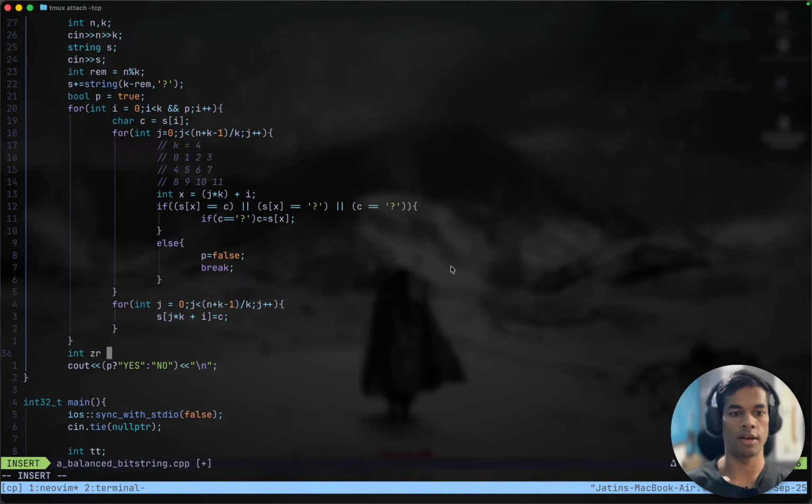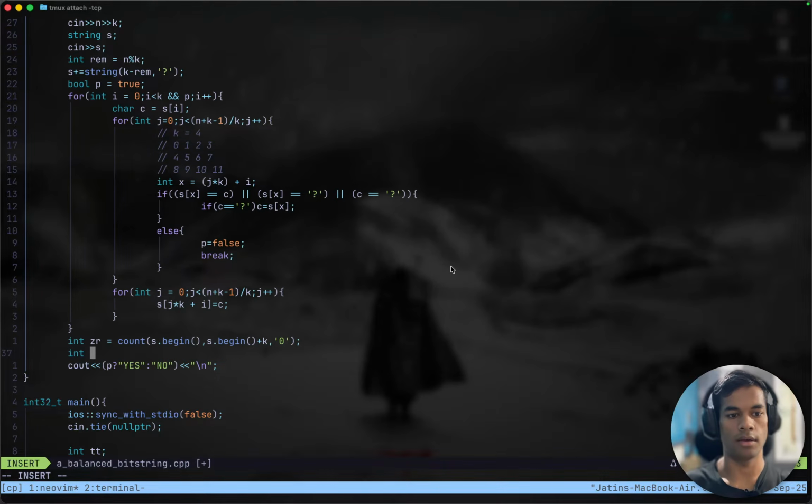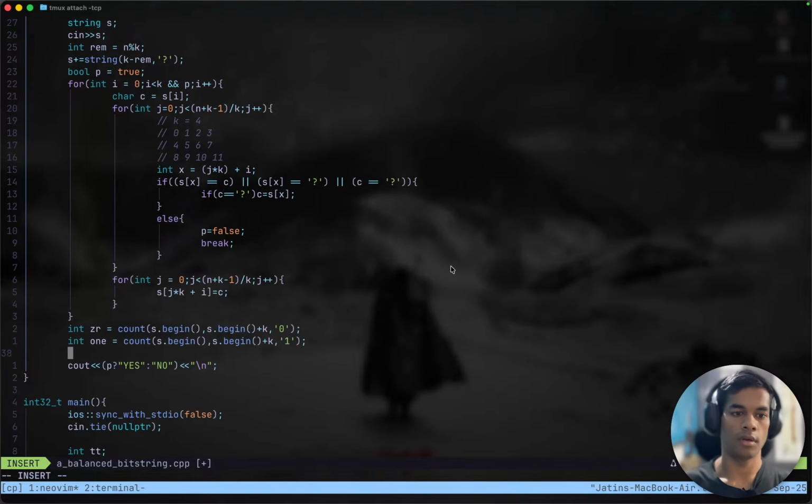Int zr equals count s.begin till s.end, not end, s.begin plus k, count the number of zeros, and int one equals count s.begin and s.begin plus k, count the number of ones, and yes, p equals zr equals ones.